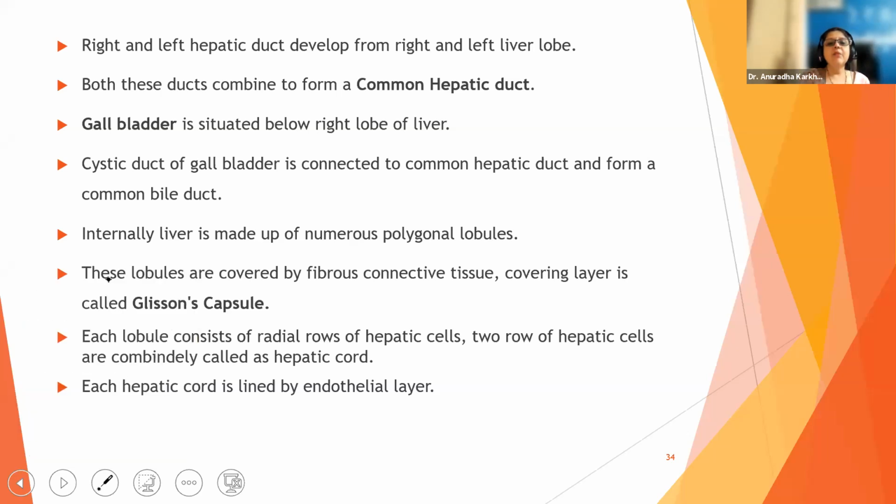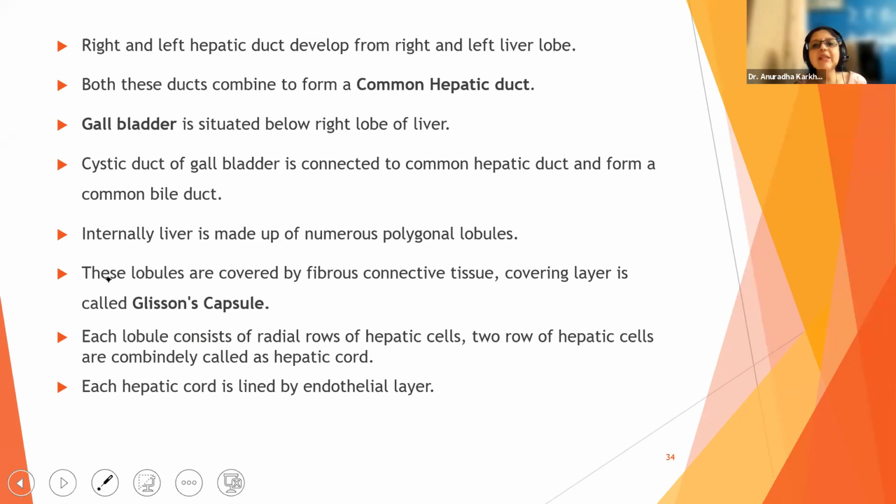Gallbladder is situated below the right lobe of the liver. The cystic duct of the gallbladder is connected to the common hepatic duct and they form a common bile duct. Don't get confused with whatever I'm going to talk about now. The duct of the liver is called the hepatic duct. The duct of the gallbladder will be called the cystic duct.